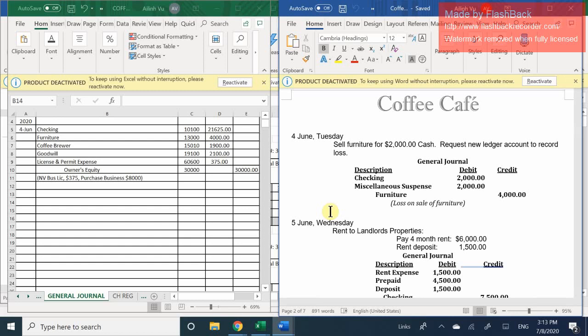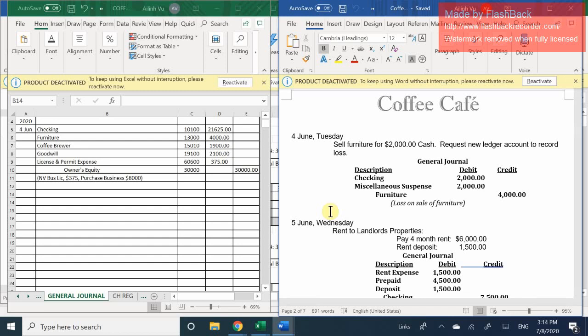So what was our original cost of the furniture? How much did we purchase it for? Oh, 4,000. Okay, good. And we sold it for how much cash? 2,000. So where does the remaining $2,000 go?